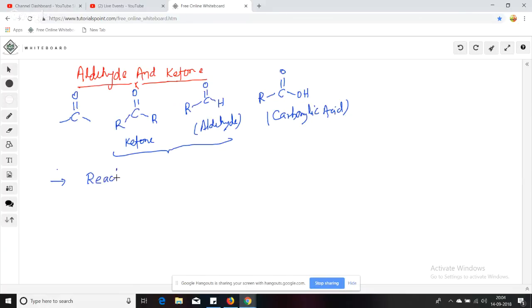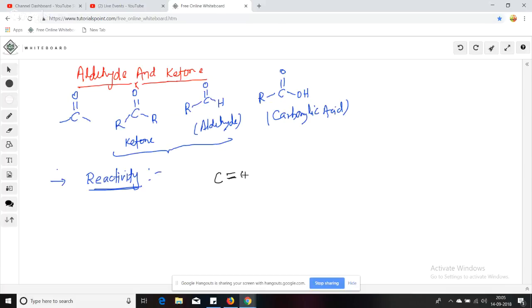If we talk about aldehyde and ketone first, since we are going to discuss the important topics, we directly discuss the reactivity first. The important thing you have to understand, on which all the reactions of this chapter are based, is the polarity of the C double bond O bond.